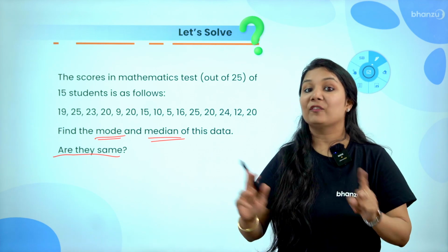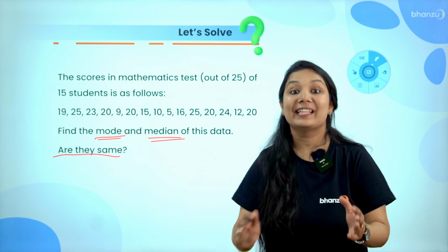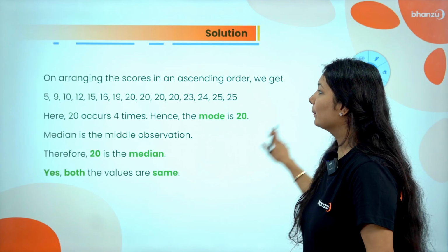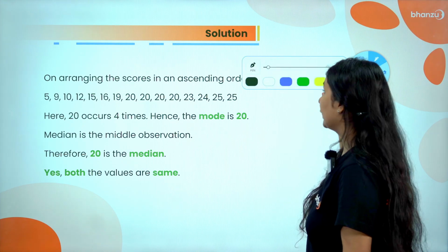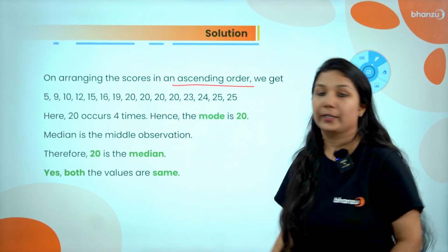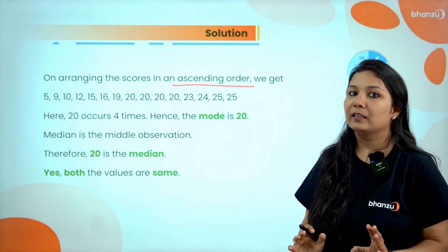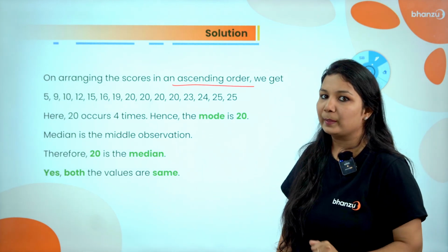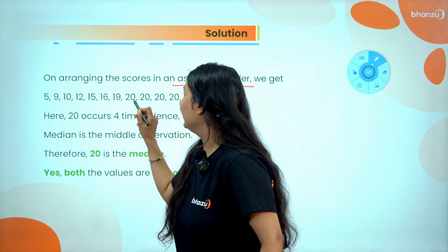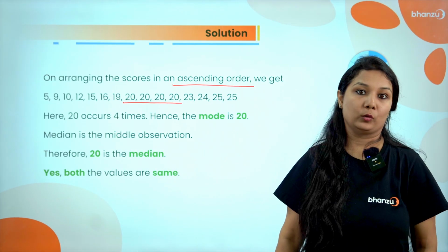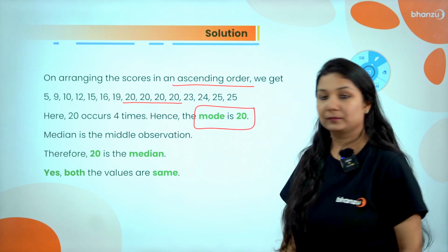So before that, we should arrange the data either in ascending order or descending order. So let's see. We have this data arranged in ascending order. You can also arrange it in descending order. Arrange the 15 marks, right, scored by different people out of 25. So 20 occurs the most, you can see over here. So that means mode is 20.